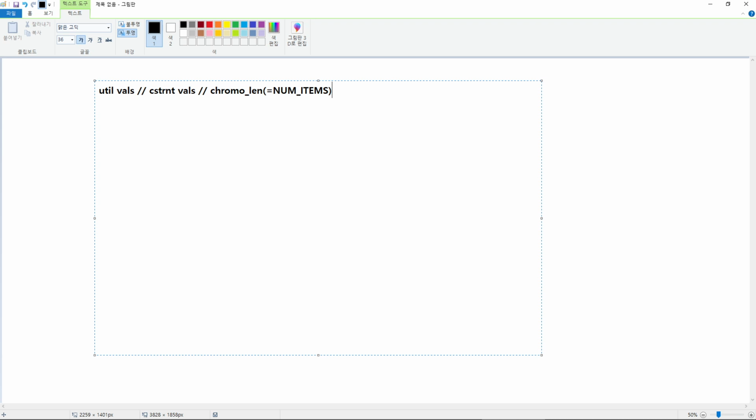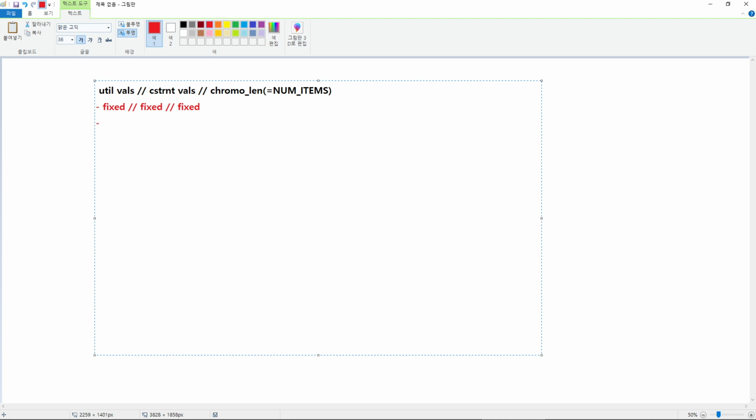So for the first 3 to 4 months, what I've been doing is this fixed setting. The first one is where utility values, constraint values, and chromo length or number of items is fixed.